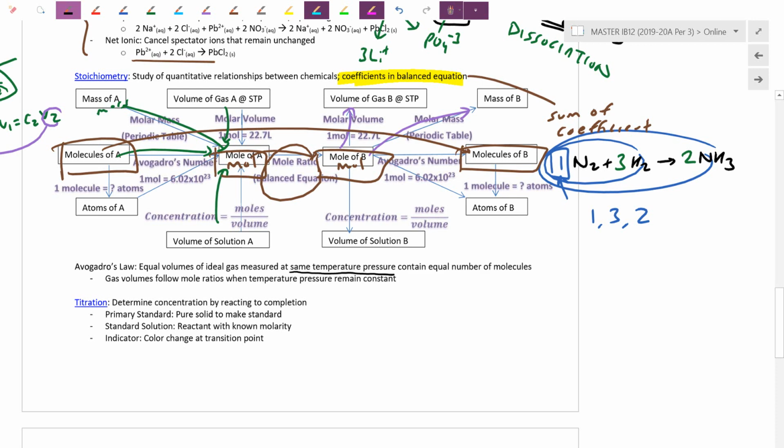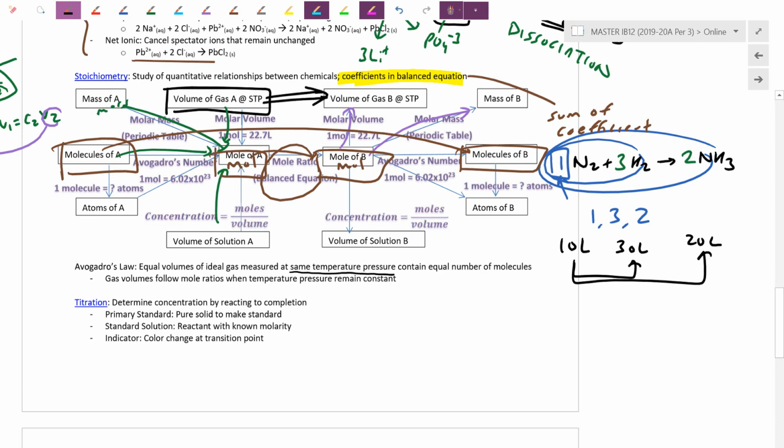Even though other volumes don't follow the mole ratio, if we're specifically talking volume of gas, let's say I had 10 liters of N2, as long as we're at the same temperature and pressure, it doesn't even need to be STP, I can predict it's going to be 30 liters of H2, and I can predict it's going to be 20 liters of NH3. So Avogadro's hypothesis actually gives you a nice connection here.